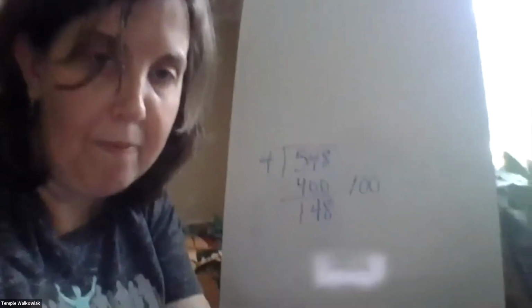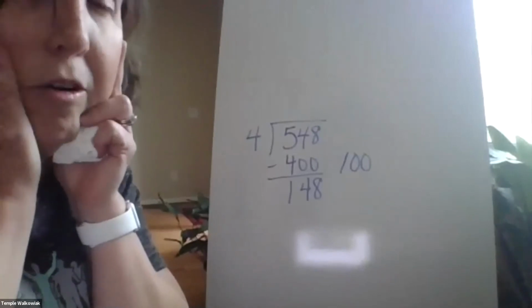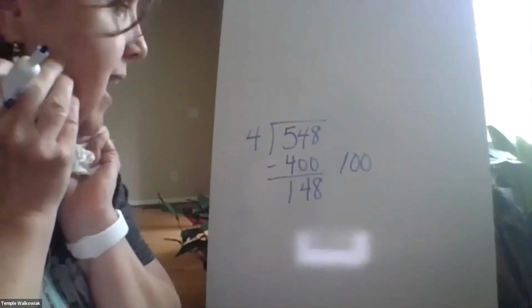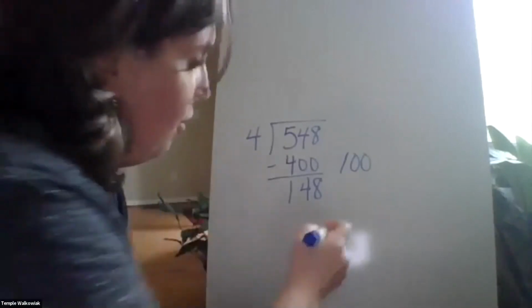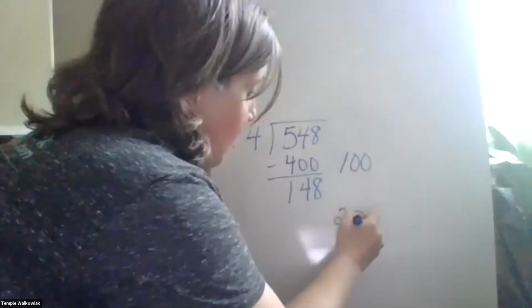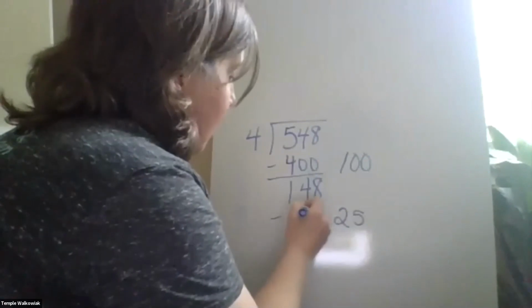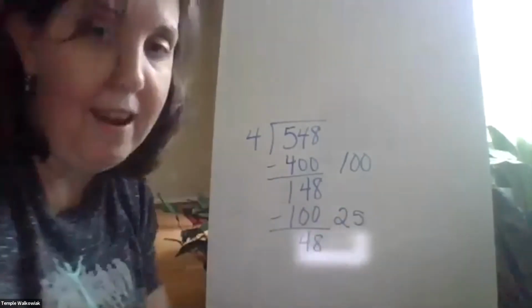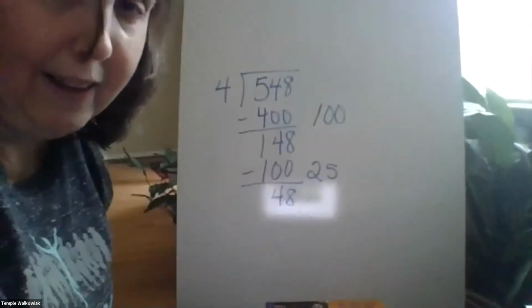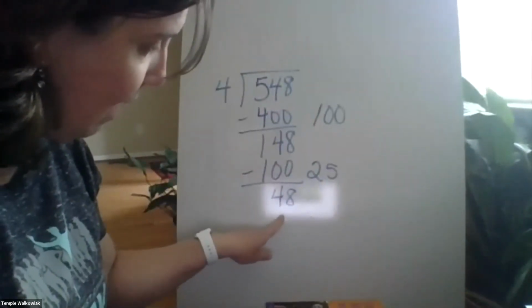Can you all see that? Yeah. So then I'm thinking, how many groups of 4 can I make out of 148? I think about quarters, and I know that 25 groups of 4 is going to give me 100, and then I'm left with 48. How many groups of 4 could I make out of 48?